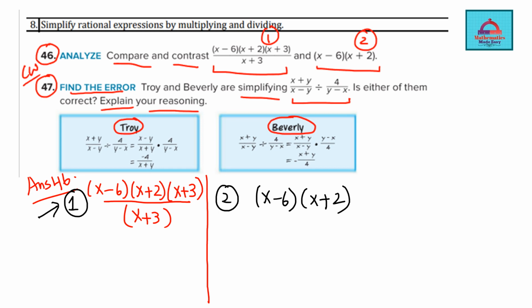Before we do the simplification, I would like to highlight what the numerator and denominator are. This is a rational expression, which means it has a numerator. I'm going to use my highlighter here.